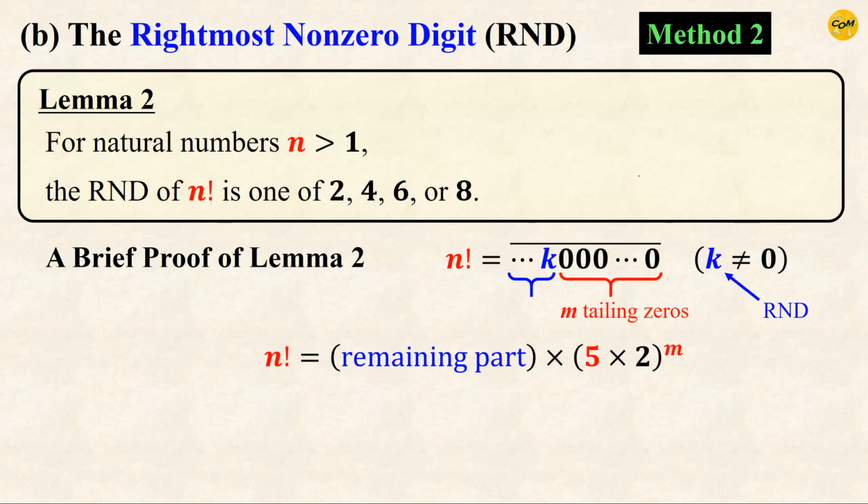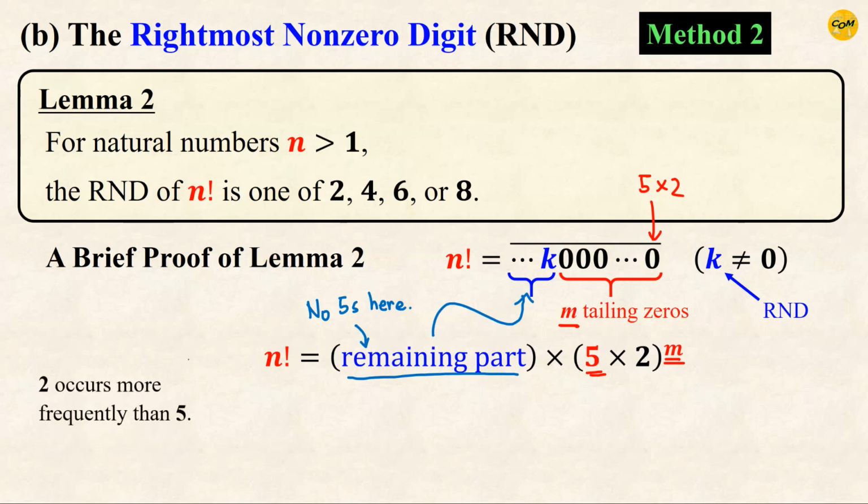More precisely, prime factor 5 multiplied by 2 gives an additional trailing 0. Therefore, if n factorial has m trailing zeros, then n factorial can be expressed as 5 times 2 to the power of m times the remaining part that does not contain a prime factor 5, and it is this remaining part which determines the non-trailing part of n factorial.